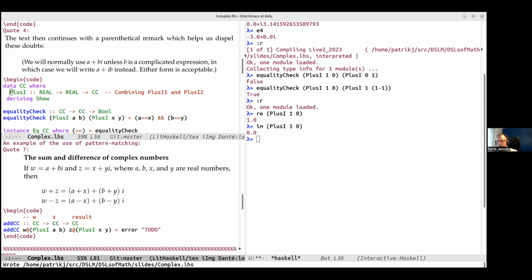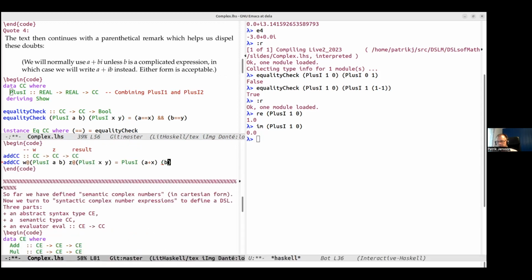So now we've copied this text and the left-hand side of the definition. And then we have to produce an answer, something else than error. So this should be plus I of two expressions. The first we just read off there, a plus x, and the second is b plus y.